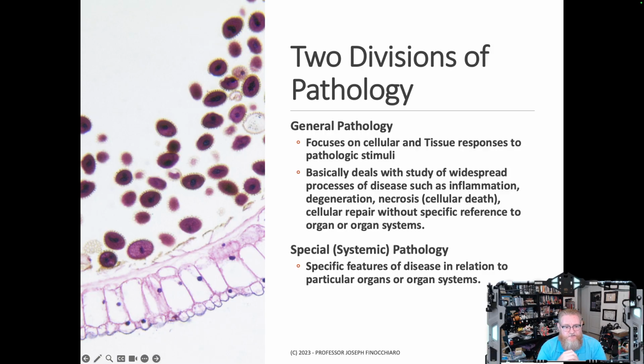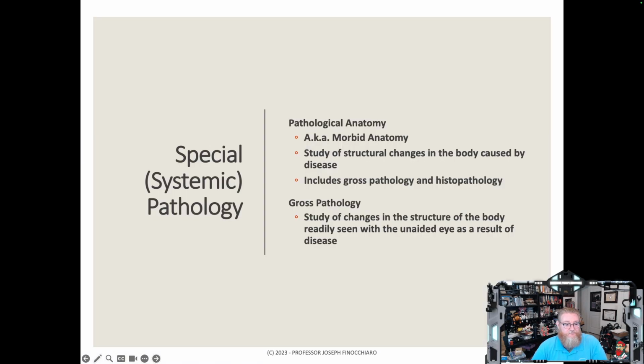General pathology focuses on cellular and tissue responses to pathologic stimuli and basically deals with the study of widespread processes of disease such as inflammation, degeneration, necrosis or cellular death, and cellular repair without specific reference to an organ or an organ system. Whereas systemic pathology specifically features a disease in relation to particular organs or organ systems.